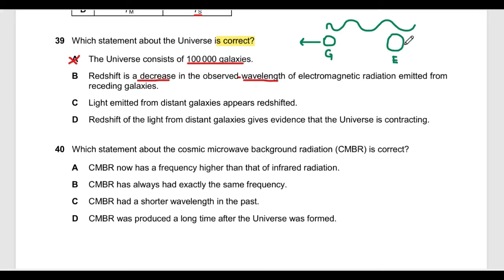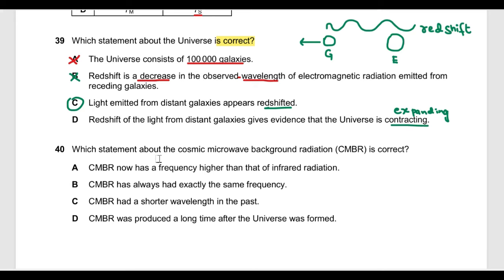And you have seen in the electromagnetic spectrum that light with longer wavelength is red in color. That's why this process is known as redshift. So redshift is an increase in the wavelength of the light, not a decrease. So B is wrong. C says light emitted from distant galaxies appears redshifted. Yes, I have described the procedure. So C is correct. D says redshift of light from distant galaxies gives evidence that the universe is contracting. No, it gives the evidence that the universe is expanding.